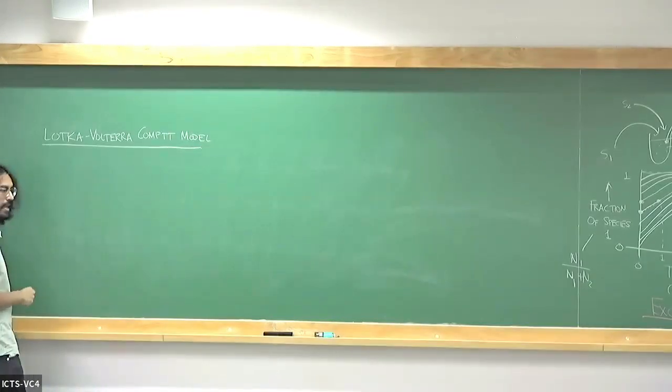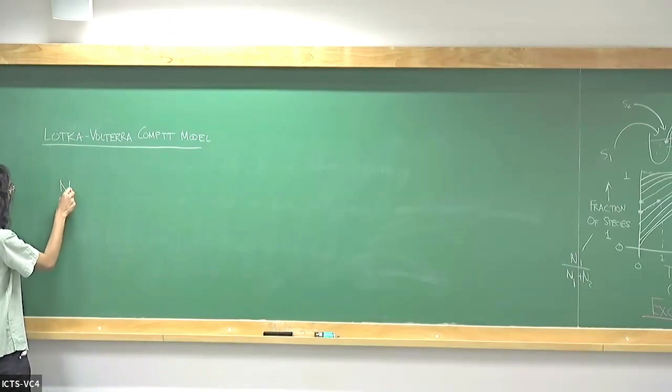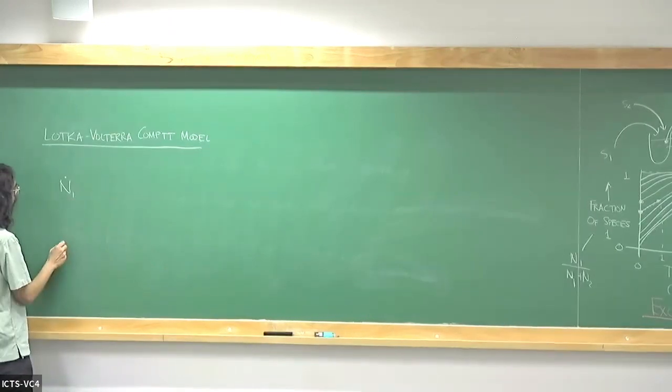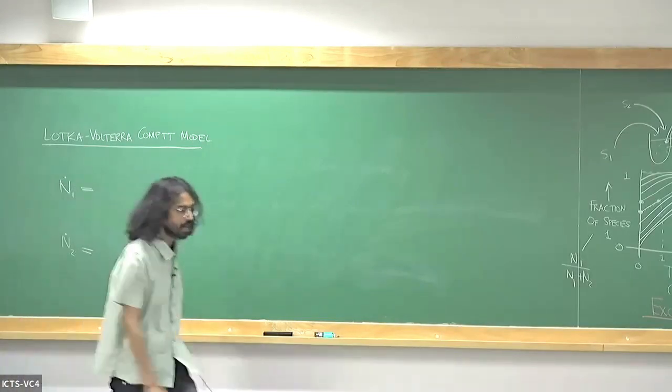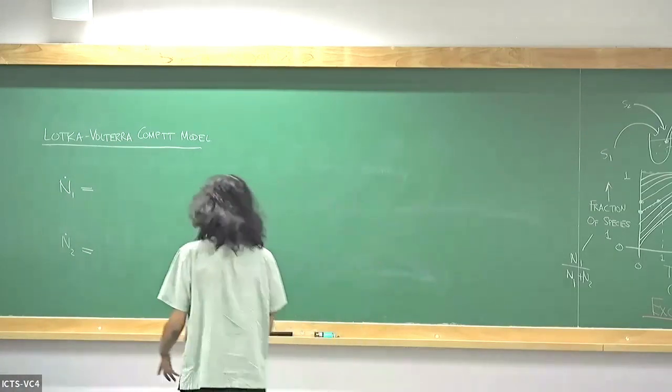And what you're really saying here is, let's say we do it for two species. You have n1 dot and n2 dot, and you're writing down something like the following.